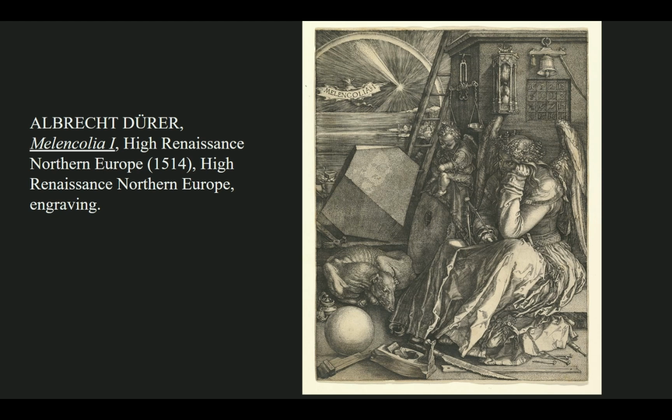And so we see that here, where Melancholia, one of the arguments is it's representing the creative genius, and how these artists have these images in their head, and they're trying to bring this out on a two-dimensional form.